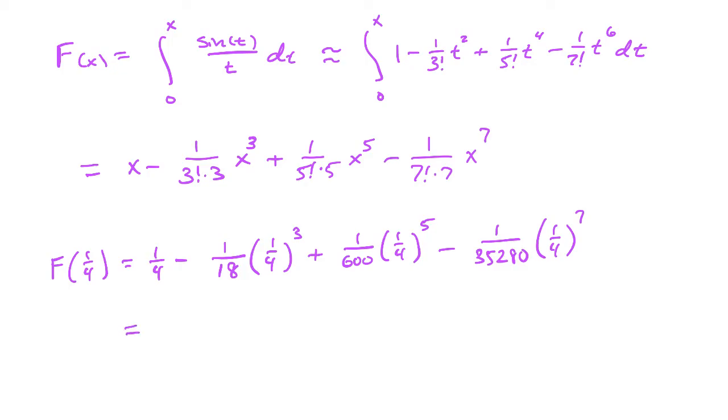So what this gives us, if we get a common denominator and put all of these together, is 720,030,299 divided by 2,890,137,600.